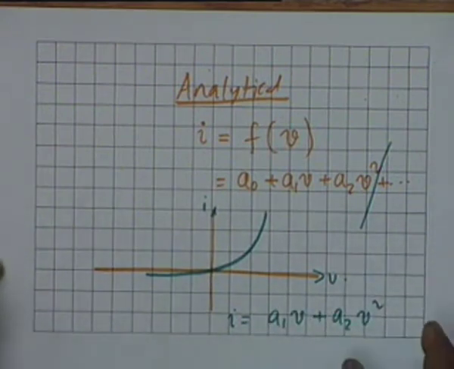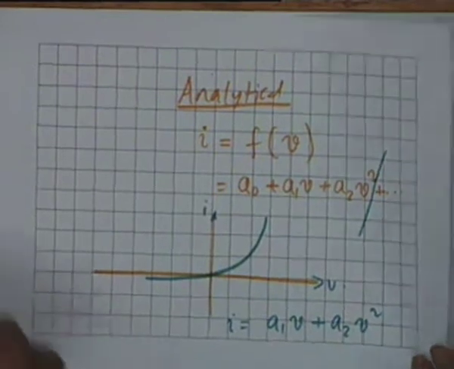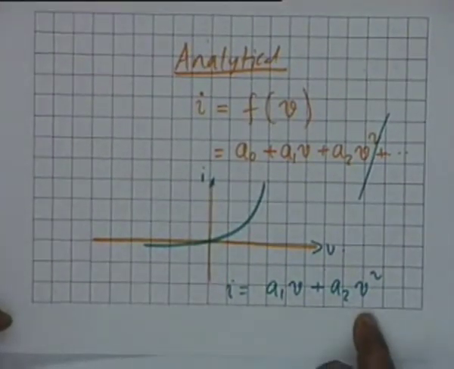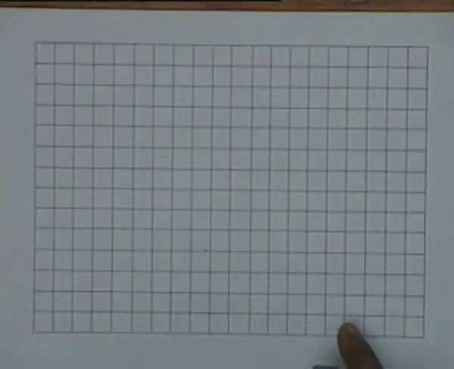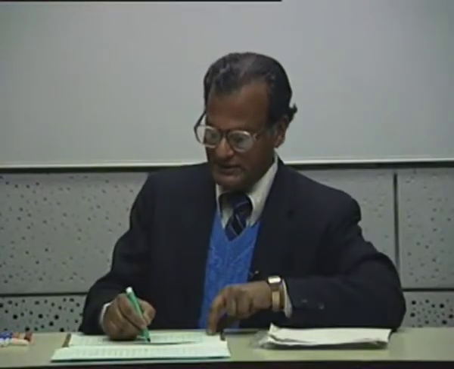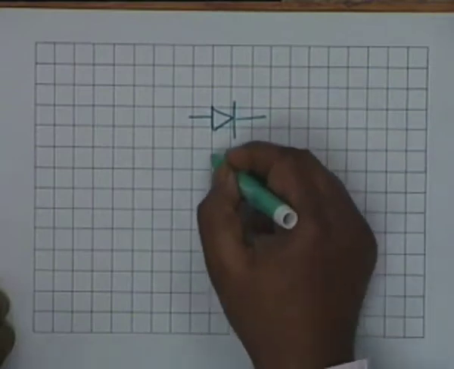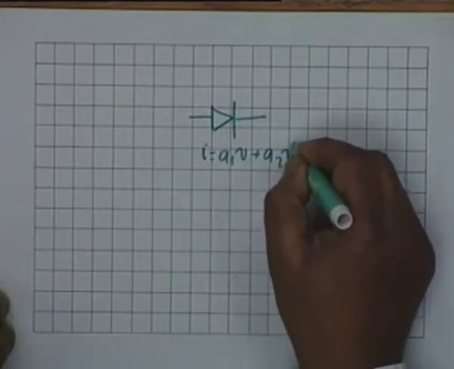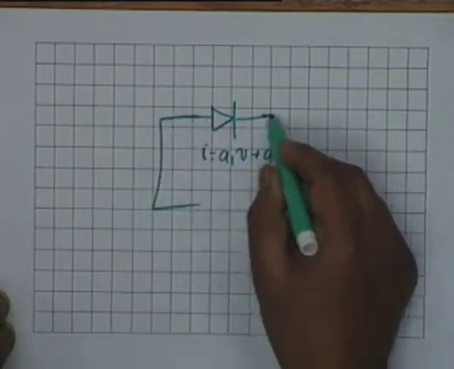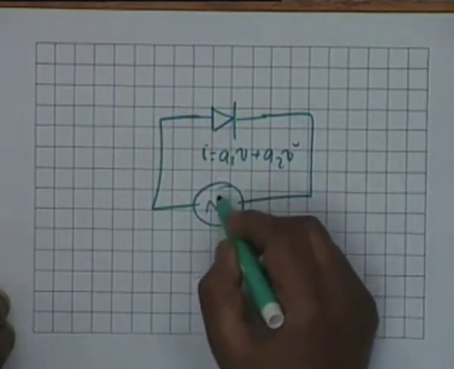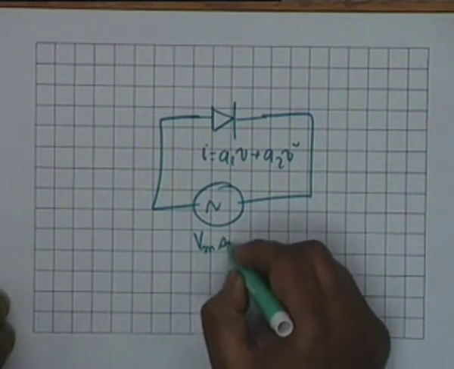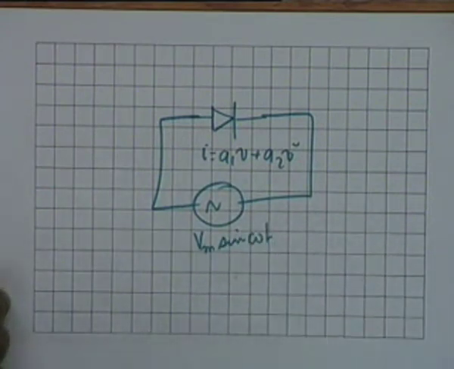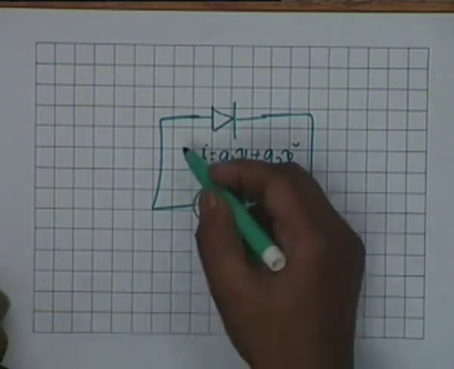Suppose to this diode, which is approximated by a quadratic characteristic like this, you apply a sinusoidal voltage, a voltage source which is Vm sine omega t. What would be the current?